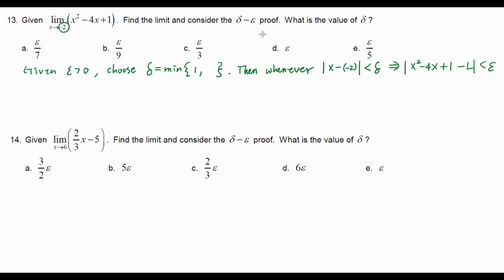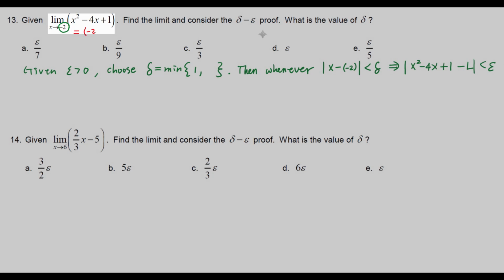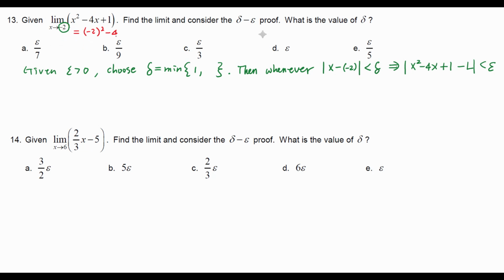And we need to find L here, and L can be found by plugging x equal to negative 2 into your function. Let's find L. So that will be negative 2 squared minus 4 times negative 2 plus 1, which is equal to 4 plus 8 plus 1, which is 13. So our L is 13. So we are going to replace this L by 13 here.